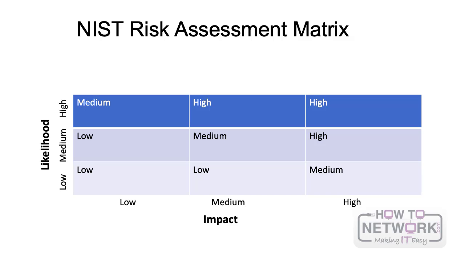So, for example, let's say that there is an adversarial threat, right? And a specific server has a vulnerability that would allow an adversary to cause a denial of service.